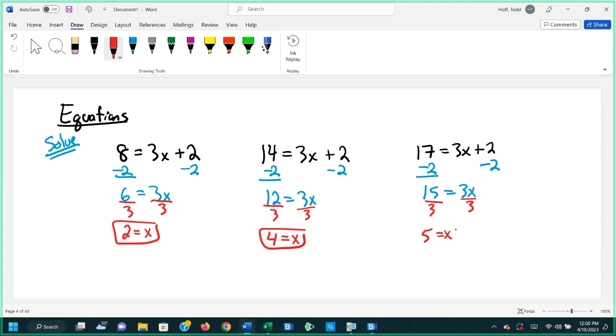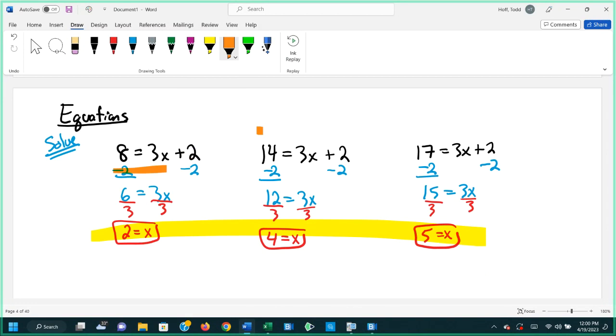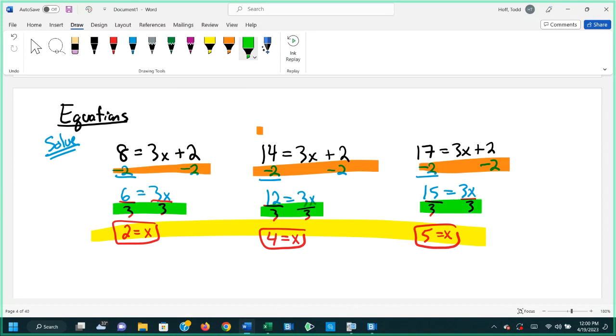5 equals x. Now, even though we got different values for each of these, we will notice that we used the exact same steps. Each time we subtracted 2, then divided by 3, because the right side of those equations looks the same for every one of them. We just changed this number here on the left side.